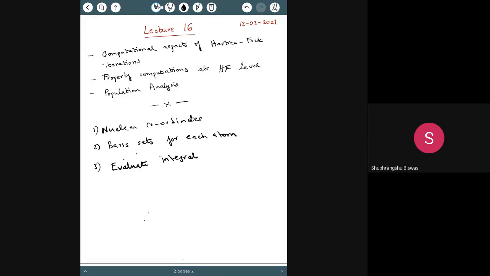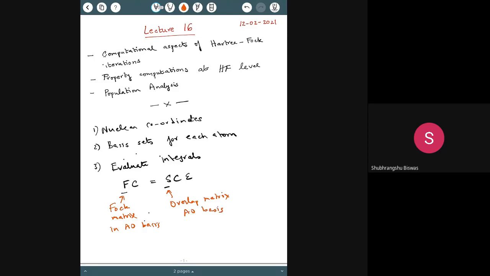So what are the integrals that are involved in my Hartree-Fock computation? My equation is Fc equal to Sc epsilon. So I have the Fock matrix, which I need to construct. There is the overlap matrix, which I need to construct, the overlap matrix in AO basis.